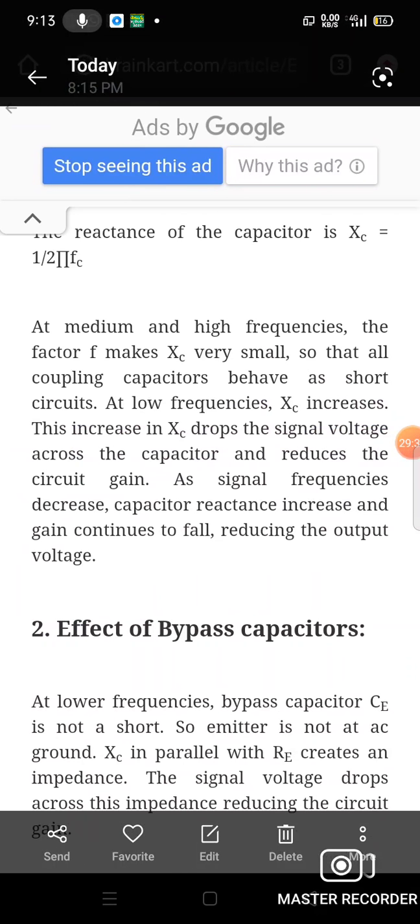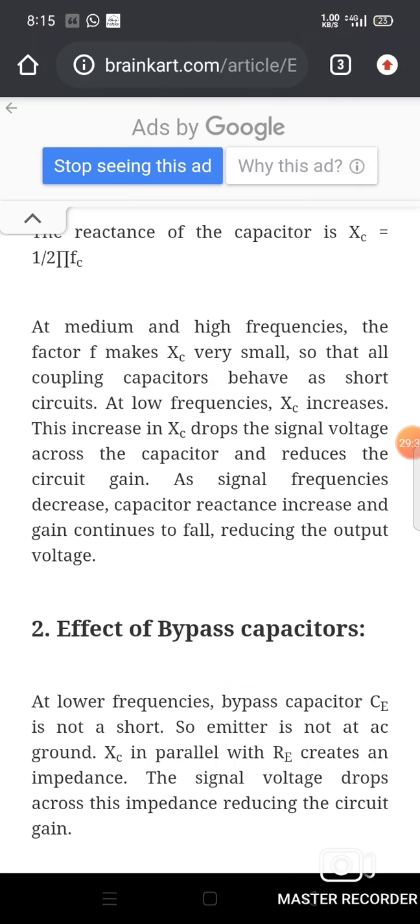Next, the effects of the bypass capacitor. What are the effects of the emitter bypass capacitor? At lower frequencies, the bypass capacitor CE is not a short, right? At lower frequency the capacitor acts as an open circuit, so it is not a short, and the emitter is not at AC ground.